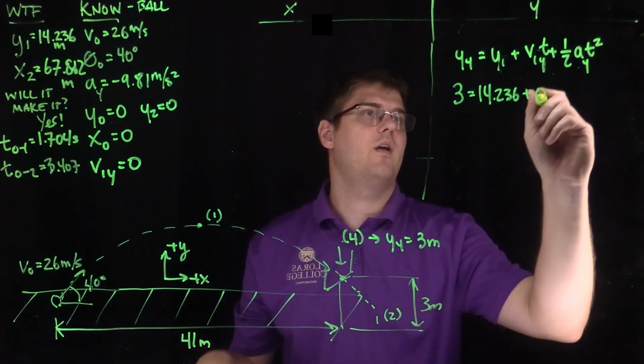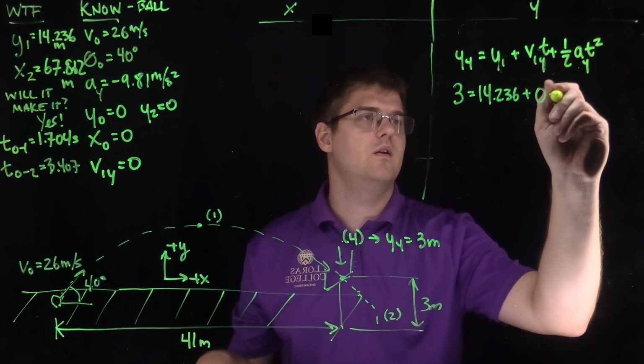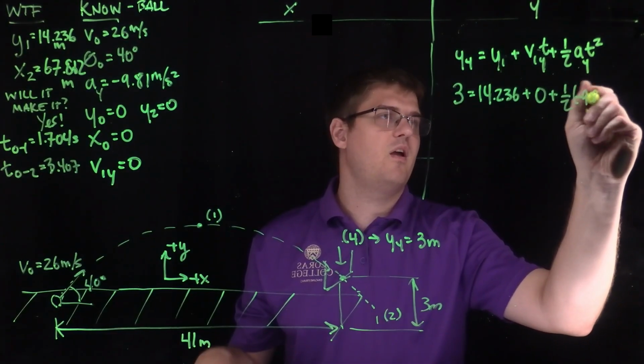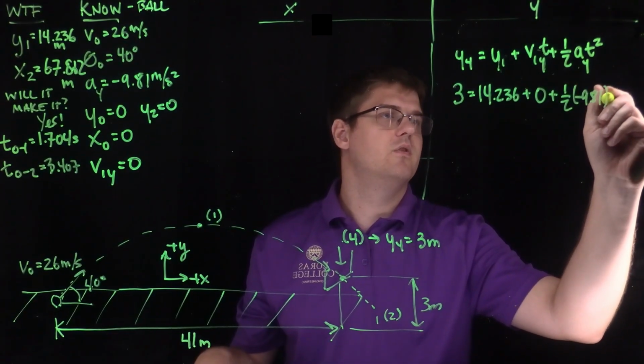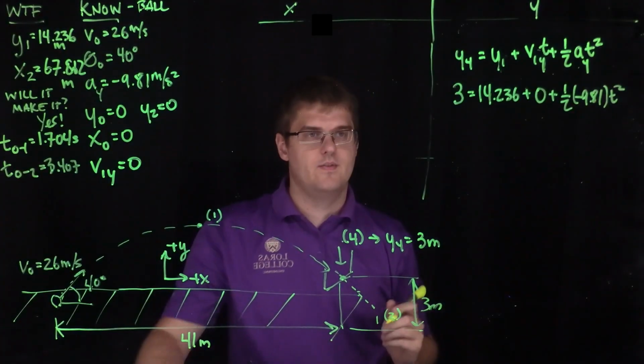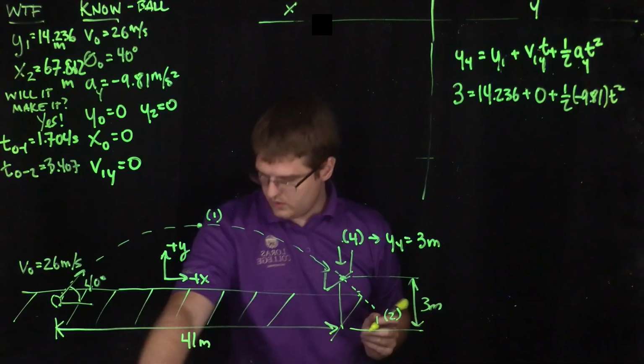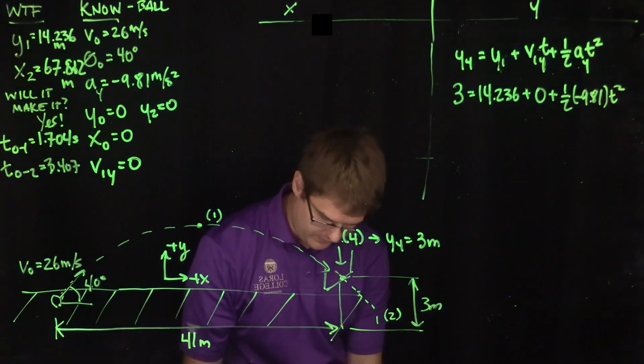And we don't have a single t, just a squared t, plus 1/2 times negative 9.81 times t squared. And I can solve that for t, no problem. I just need to pull out a calculator here.